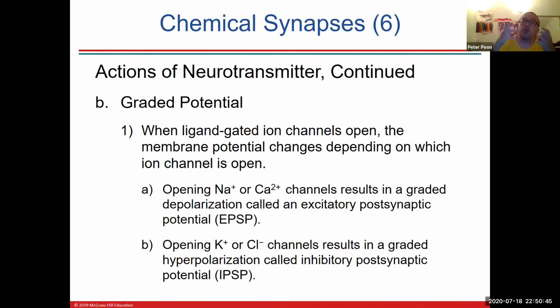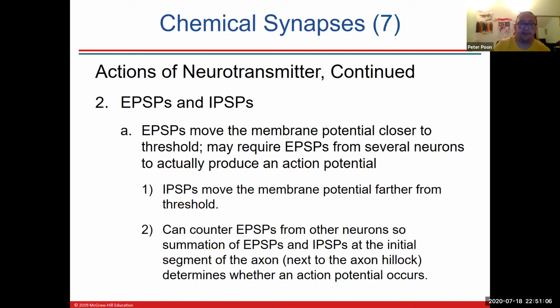A neuron is going to receive multiple combinations of IPSPs and EPSPs, and it determines which ones win out. If I have more EPSPs, then I'm likely to fire. If I have more IPSPs, it's less likely to fire. It also depends on how close they are to the axon hillock.